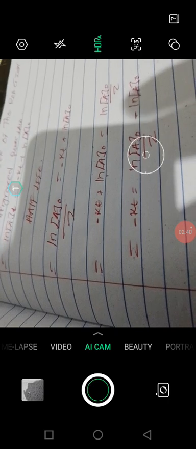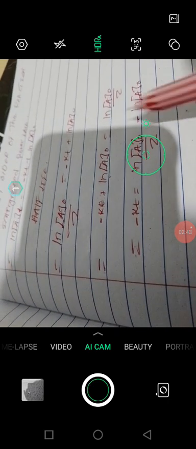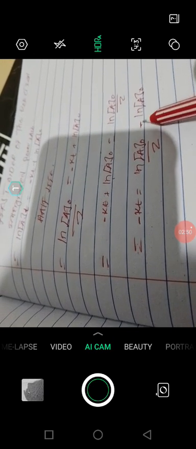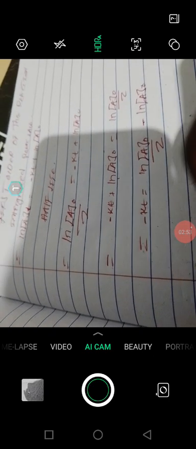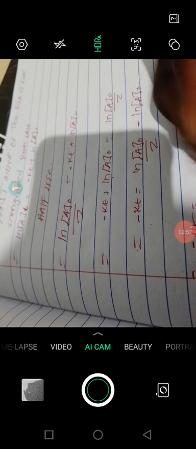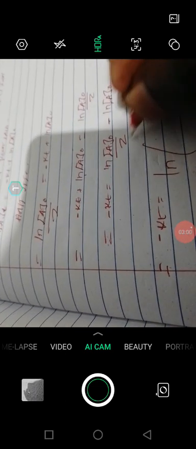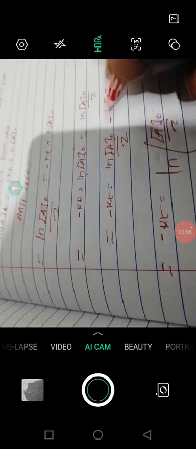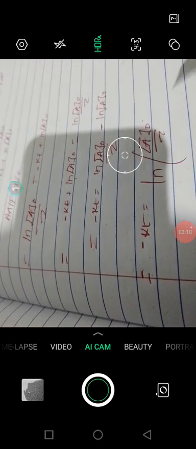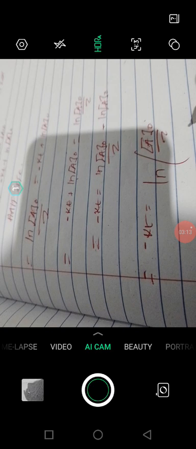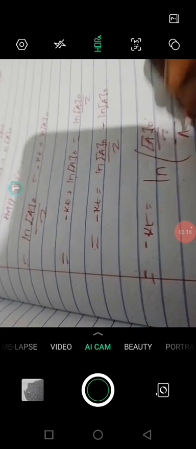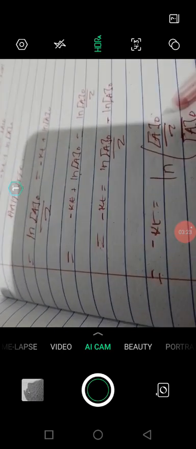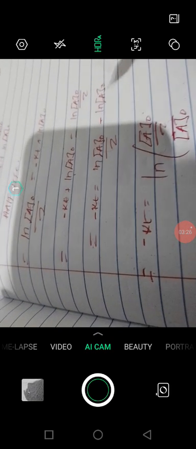Going back to logarithms, subtraction goes hand in hand with division, according to the rules of logarithms. So the subtraction turns into division, leaving one natural log.